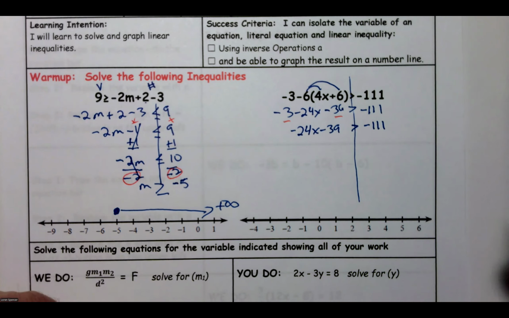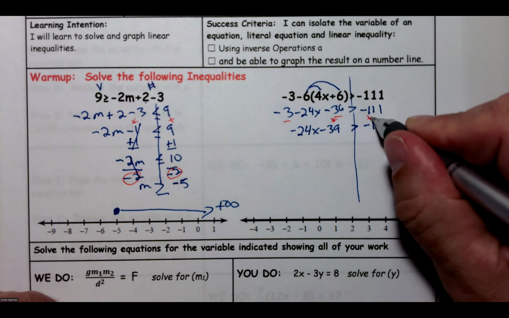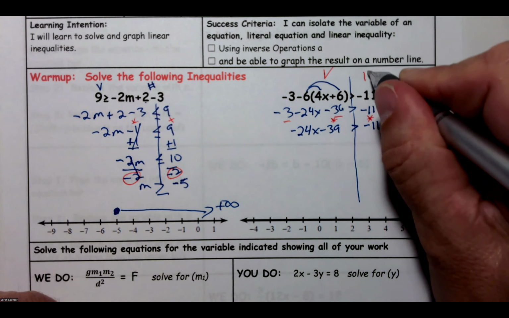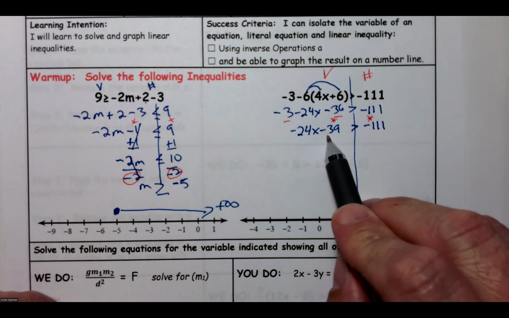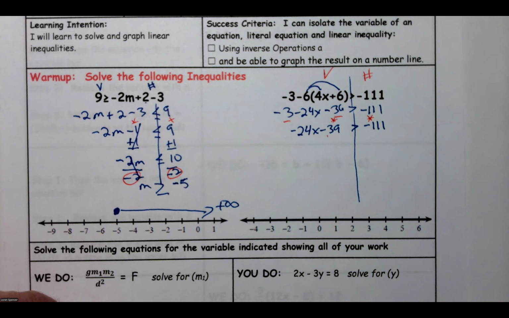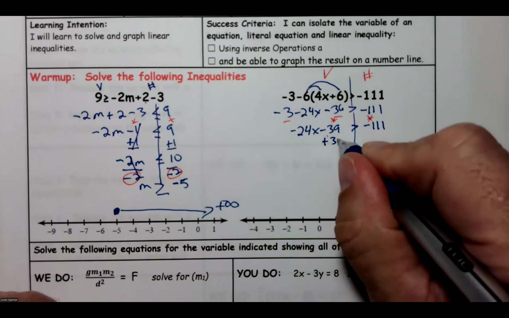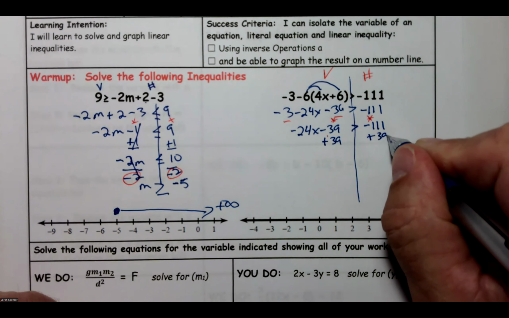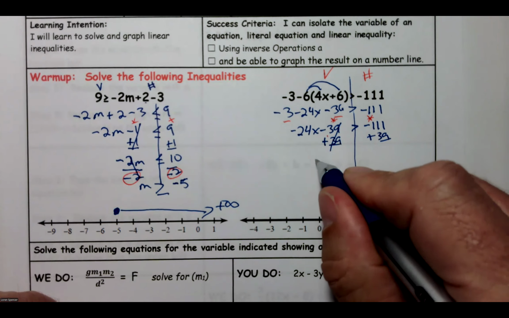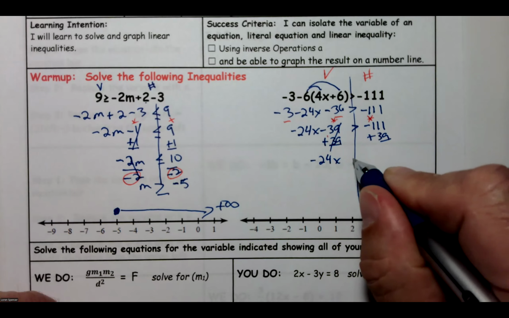We have two constants, and I always want to isolate the variable. So I need to move this 39 to the other side because I need to get it away from the x. So I'm going to do that by adding 39. So we have negative 24x.